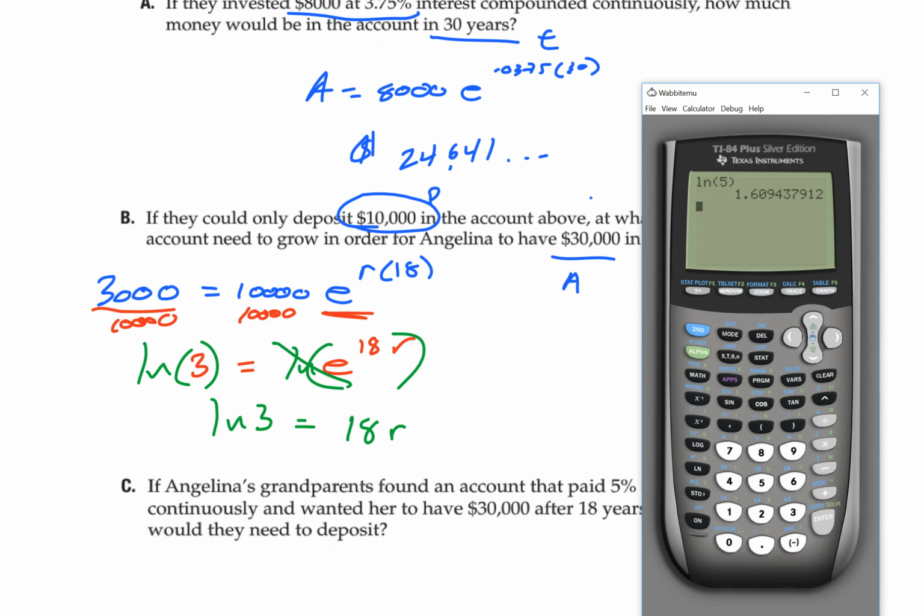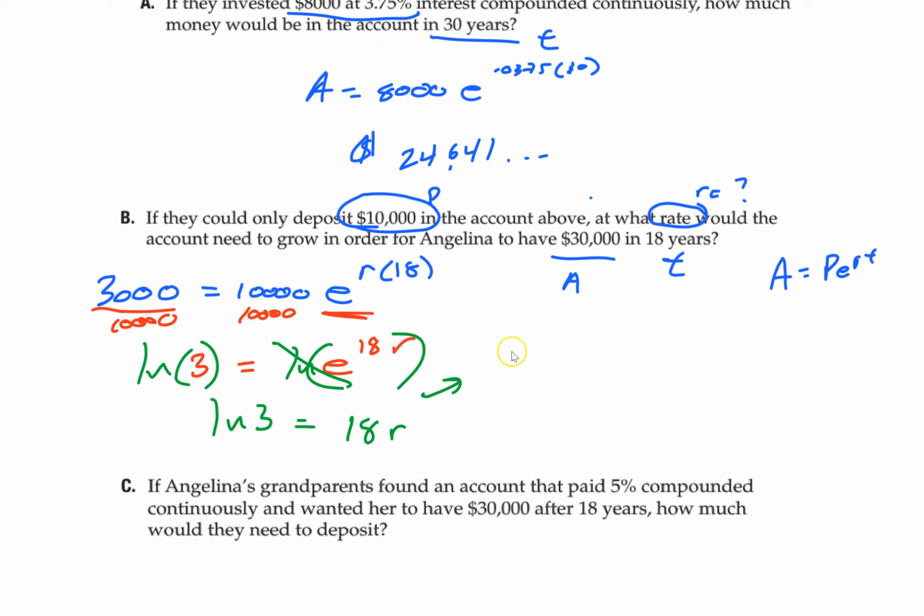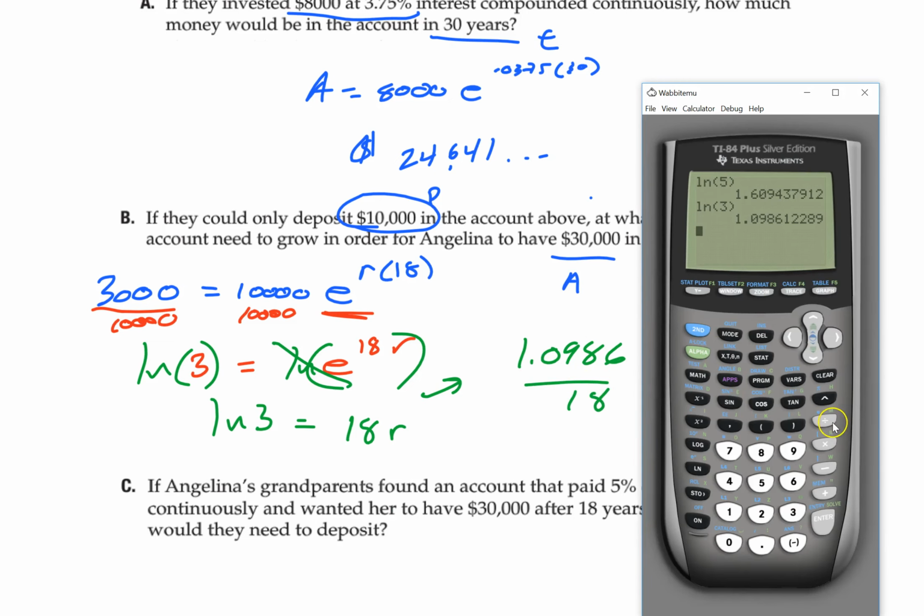So we have to figure out what that actually is. The natural log of 3 is 1.0986. And then I'm going to divide by 18, approximately, because I rounded. My calculator stores the answer right there, so I just leave it and put divide by 18.